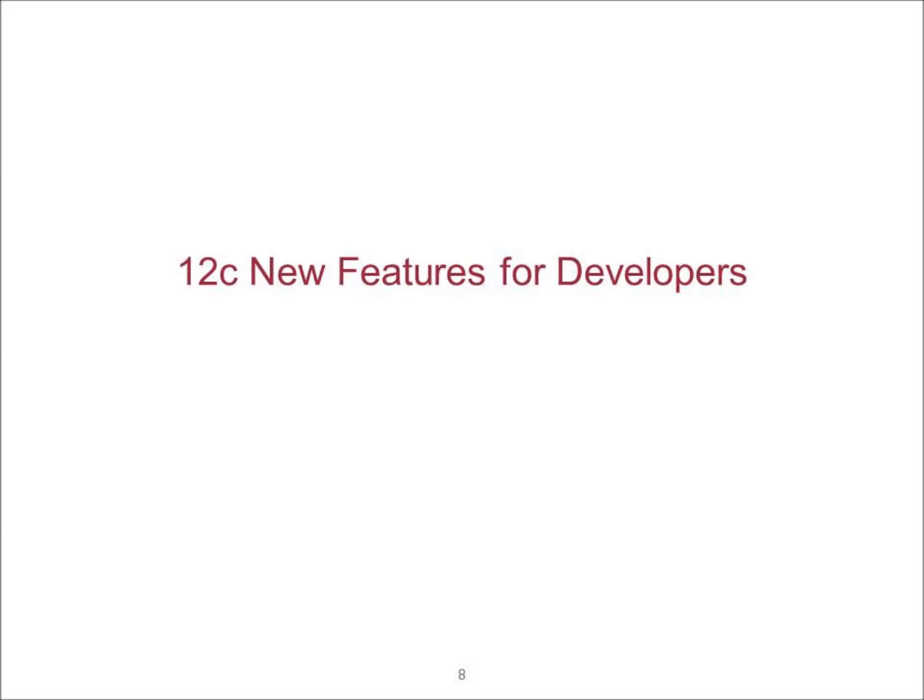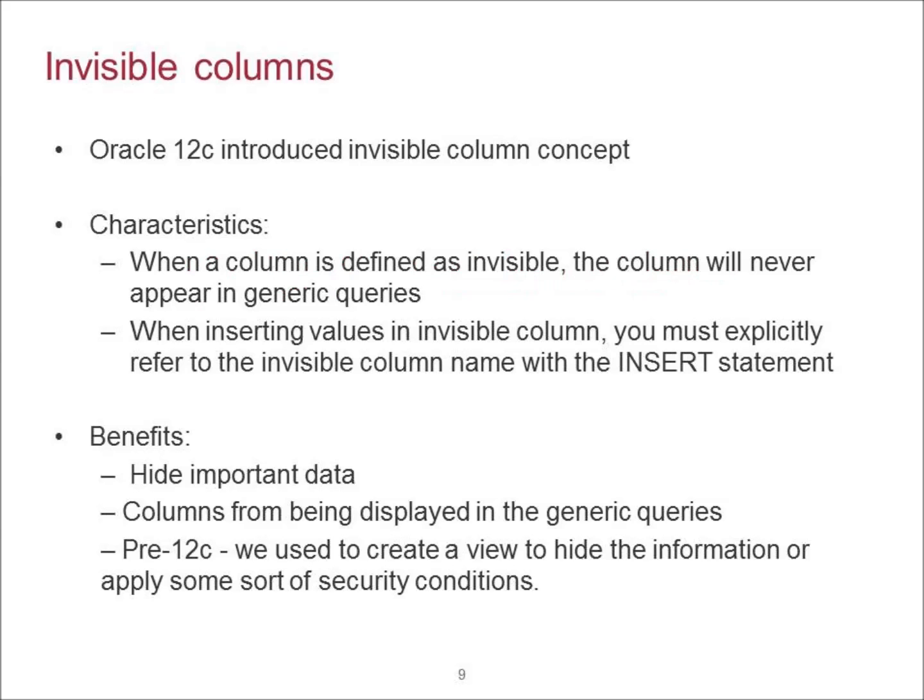So let's look at the 12c new features for developers. Invisible columns. Oracle introduced the invisible column concept in 12c. Now in 11g Oracle introduced invisible indexes, and now in 12c it has introduced invisible columns.